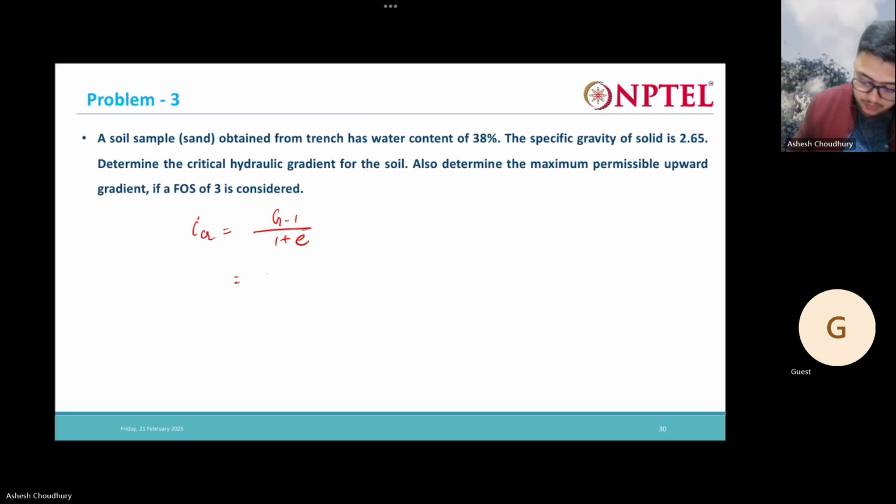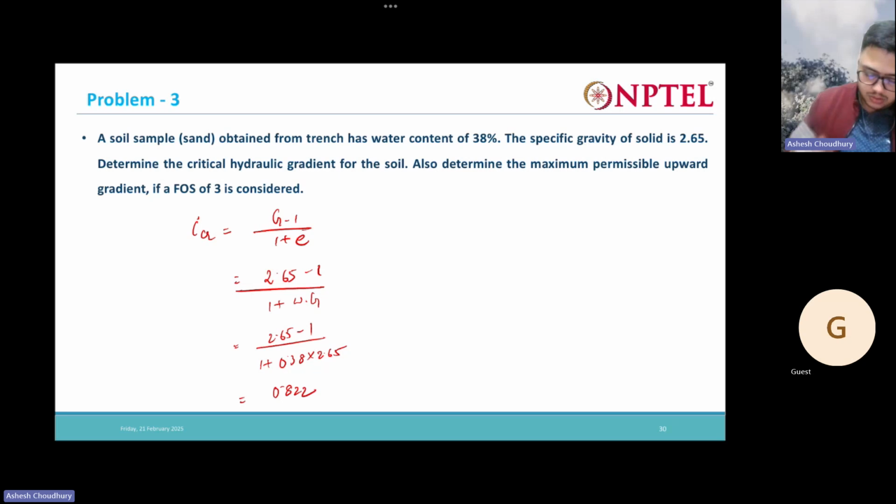So 0.822. Now, this is my critical hydraulic gradient. Also determine the maximum permissible upward gradient if a factor of safety of 3 is considered.